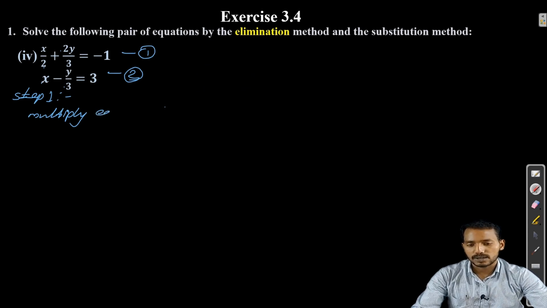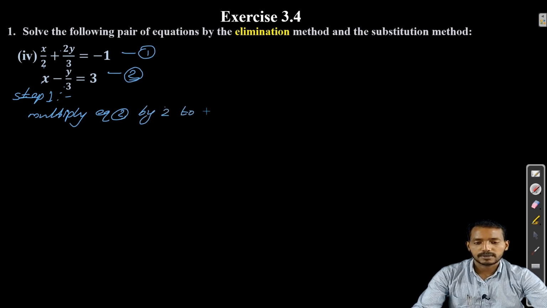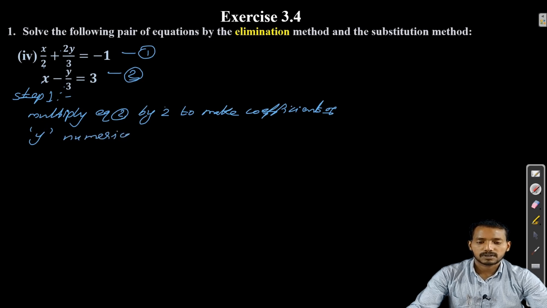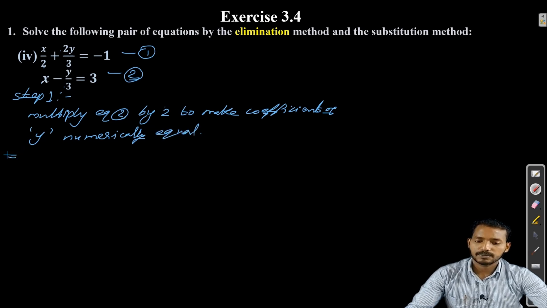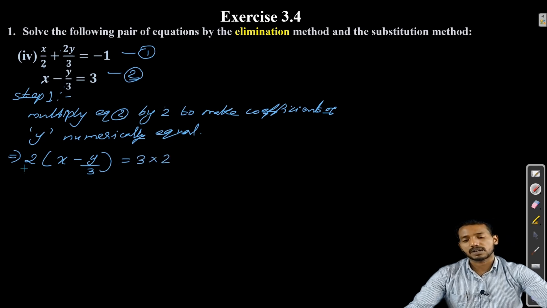So multiply equation 2 by 2 to make the coefficient of y numerically equal. What will we get? 2 into x minus y by 3, which is equal to 3, into RHS also should be multiplied by 2.